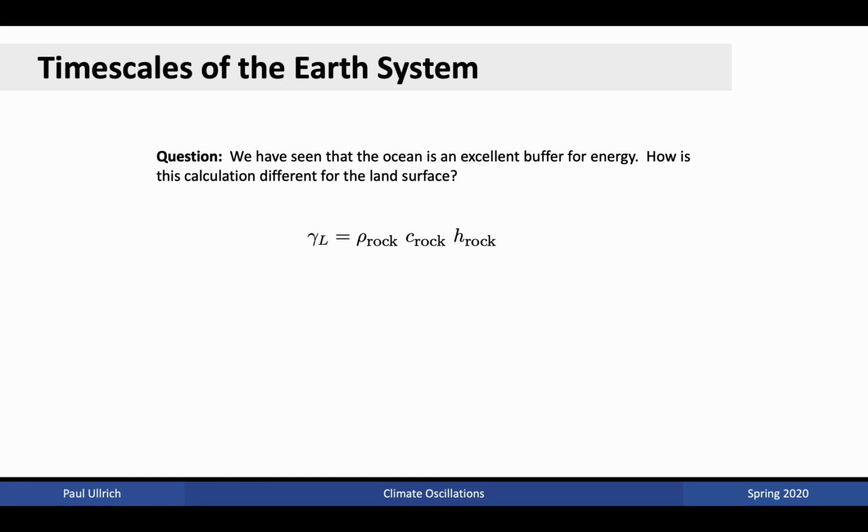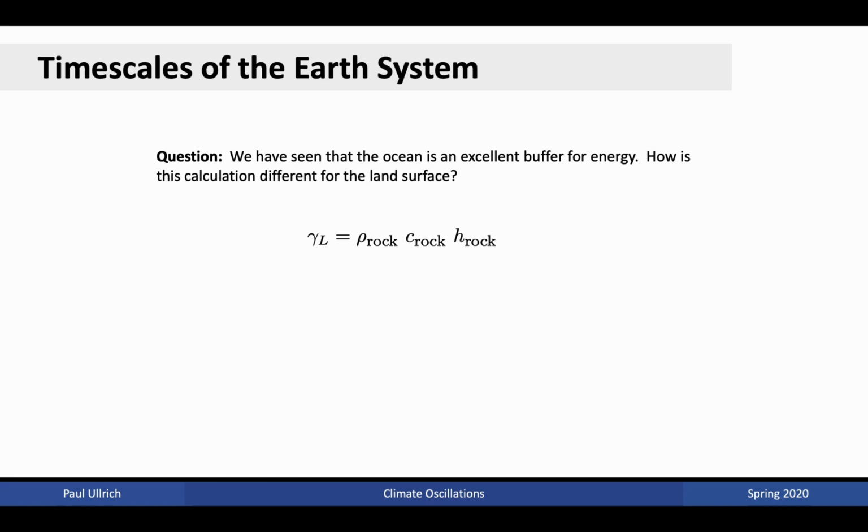But where we see the biggest change between the land surface and the ocean is really in this H parameter. Namely, there is not much of the land surface that is in contact with the atmosphere, whereas the ocean has a deep mixed layer and turbulent action that sustains that deep mixed layer. The land surface only has perhaps 10 centimeters to a meter or so that can be considered to be in contact with the atmosphere.